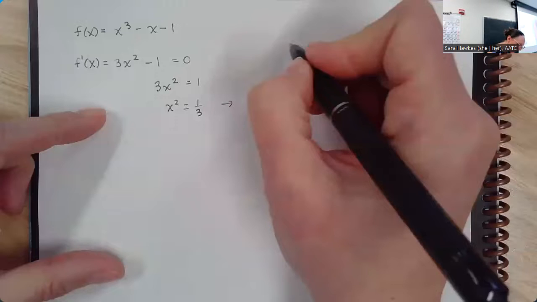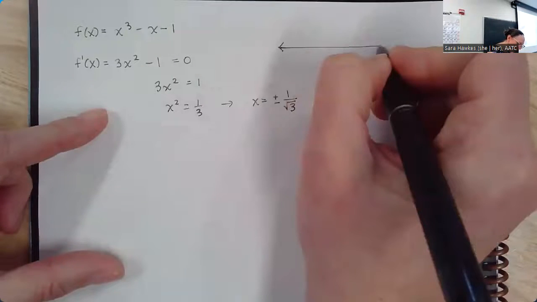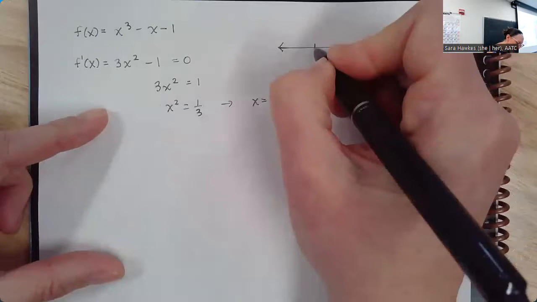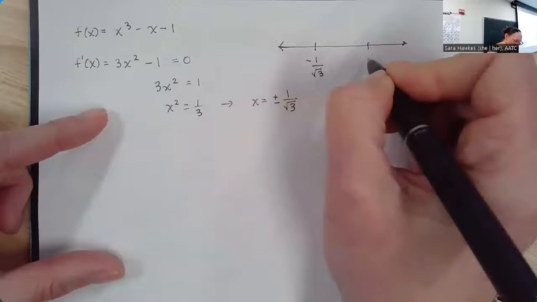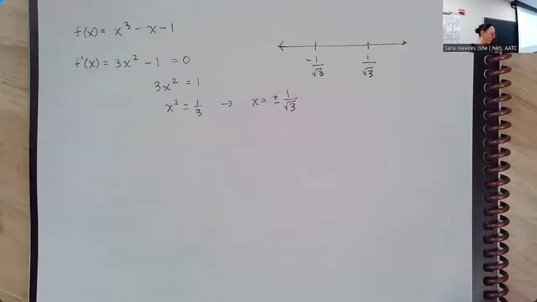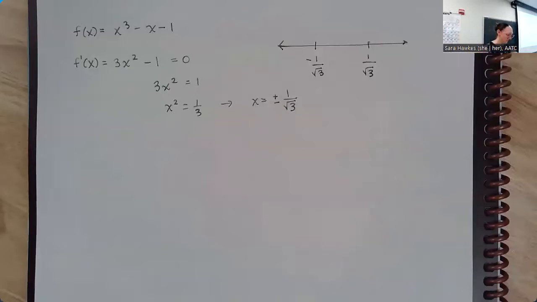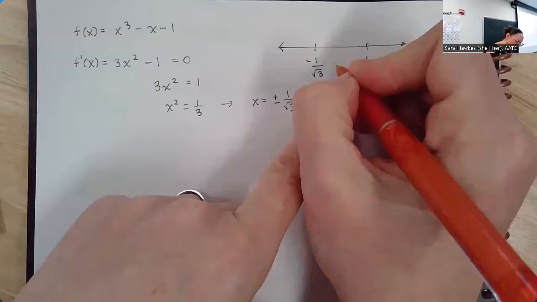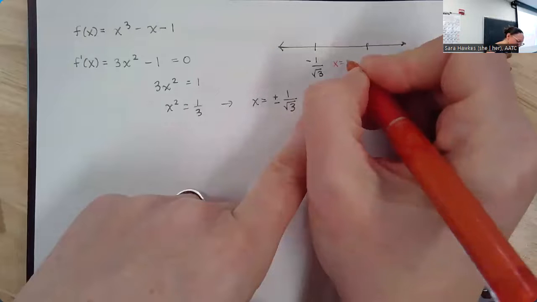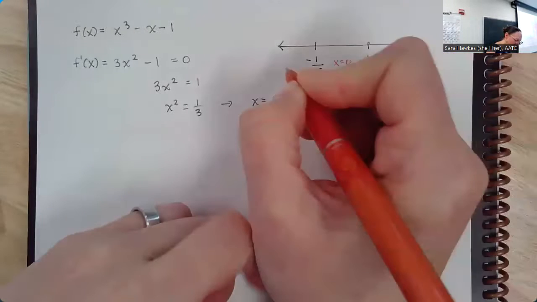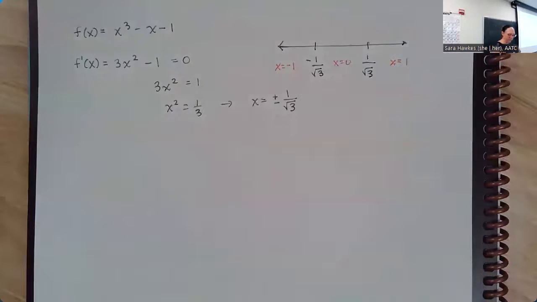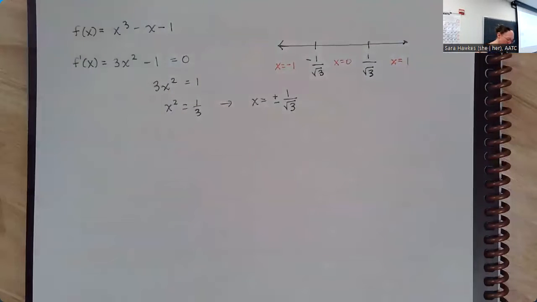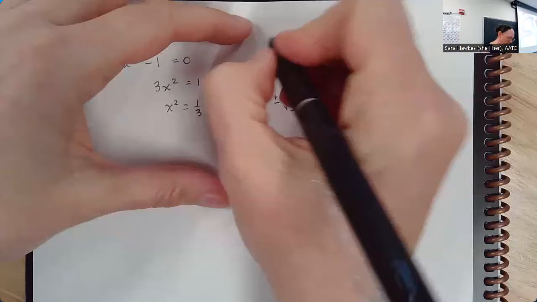So my number line here would need to have both a negative 1 over the square root of 3 and a positive 1 over the square root of 3. So if I'm thinking about test points, I would probably choose 0, 1, and -1. And I'm plugging each of those into my first derivative.